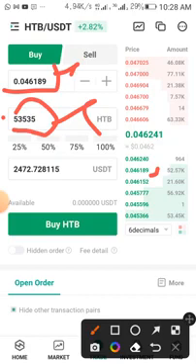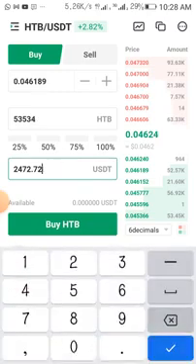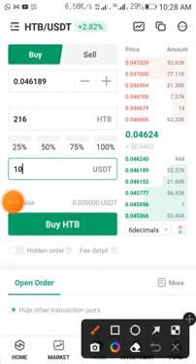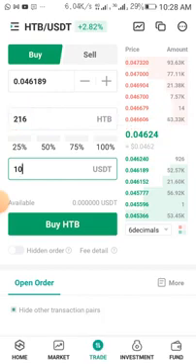So as I've clicked on the rate, I input the equivalent in USDT that I also want to buy from the market. You can see here, if I buy at that rate, I will get 216. But if I buy at this person's rate, I was getting 214. You can see where the loss came in from. So I will just go ahead and click on buy.